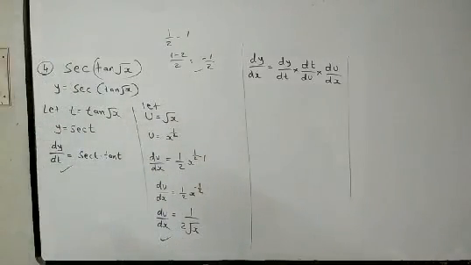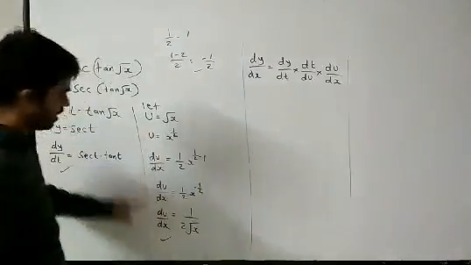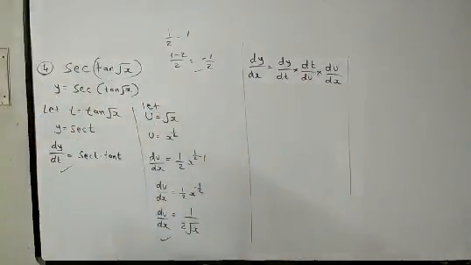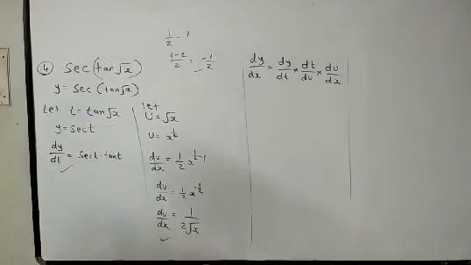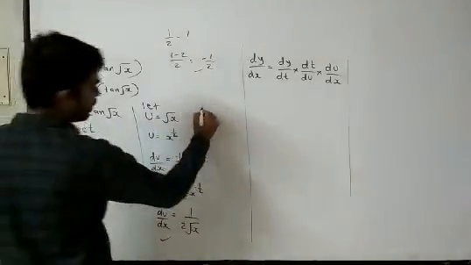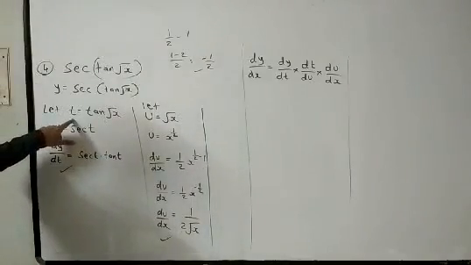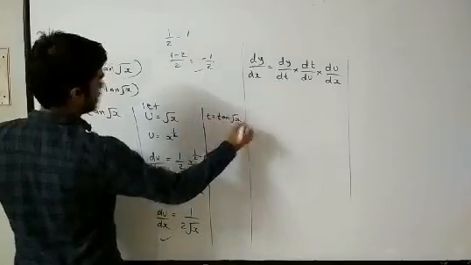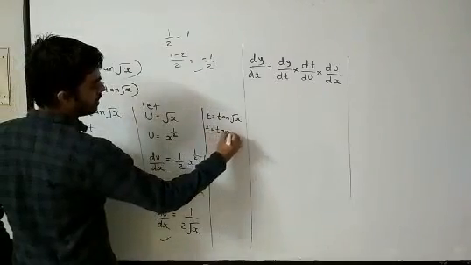So two things we have got. Now we have left dt by du. Over here, t is equal to tan under root x, right? So how will we do this? We know that t is equal to tan root x, and root x is equal to u, so t is equal to tan u.